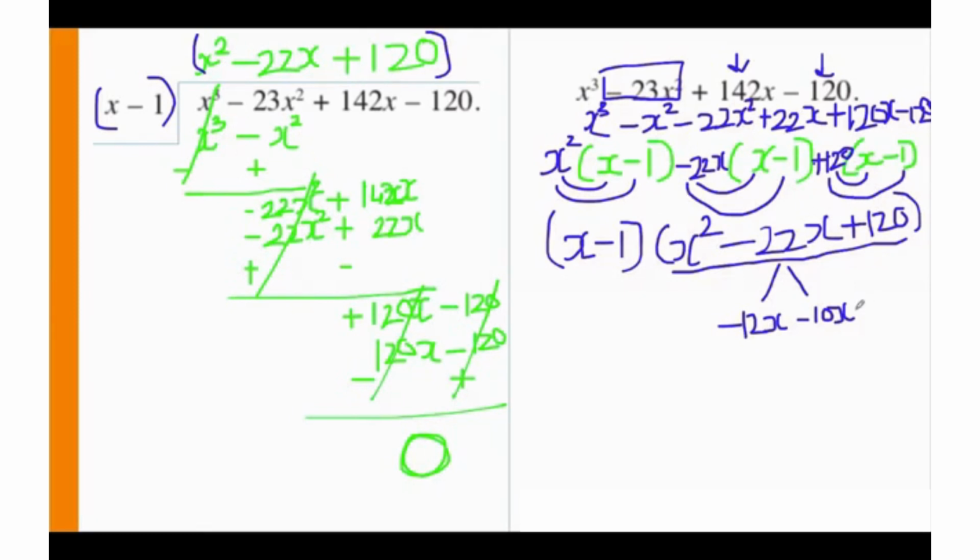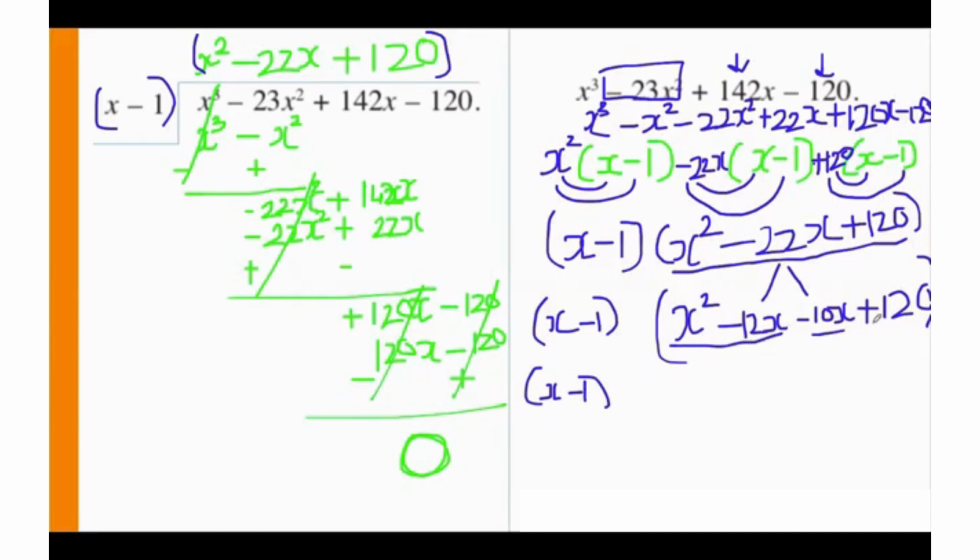So this is how we split it. We put plus 120 here and x square here, right? This goes into a bracket and x minus 1 stays here. So x minus 1 will always be one of the factors, but now we will regroup them.